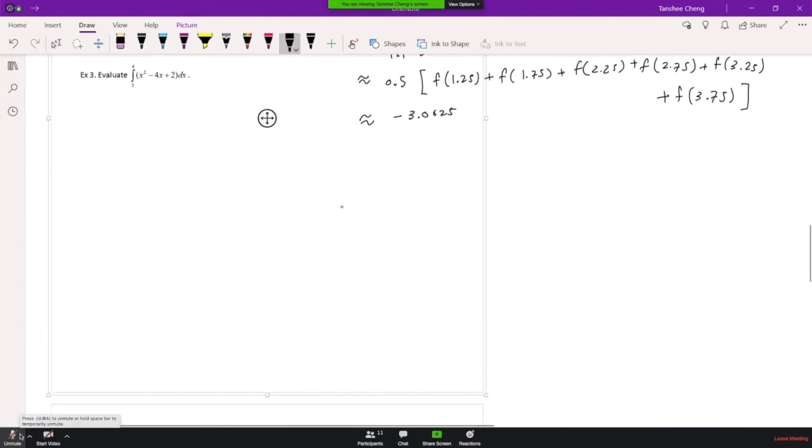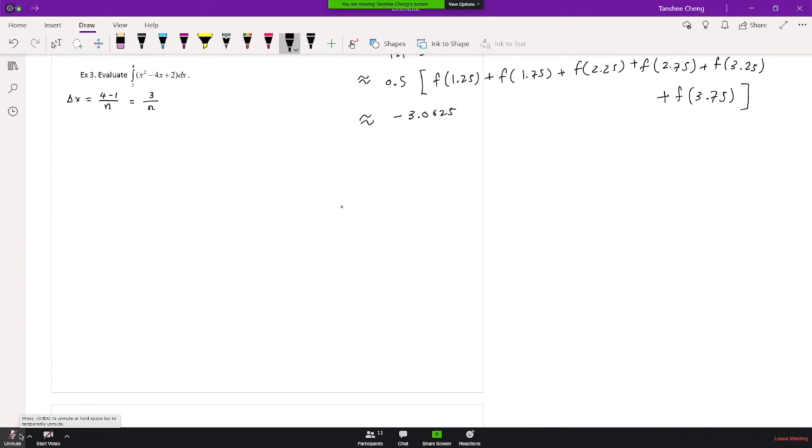In this case, my delta x is basically 4 minus 1 over n, because my n is infinite so we don't have a value for it. So my delta x will become 3 over n.